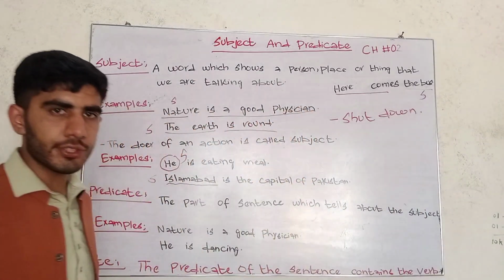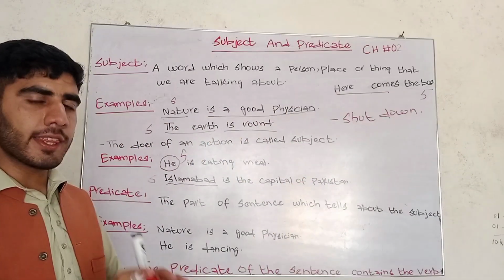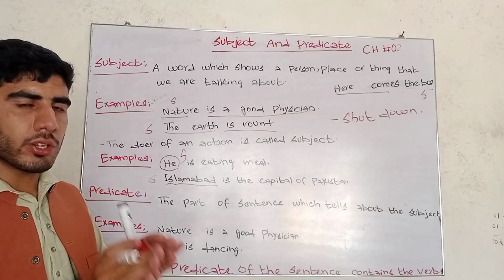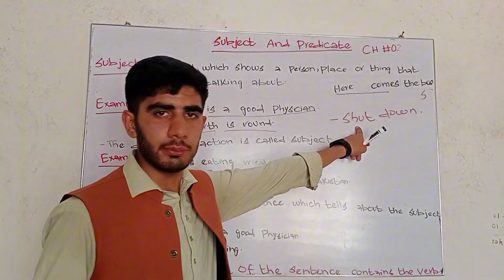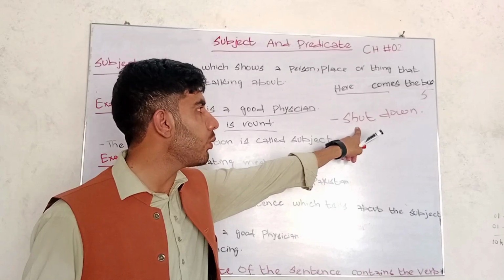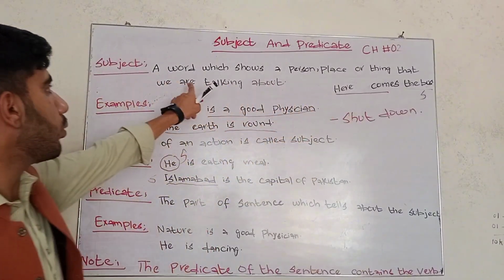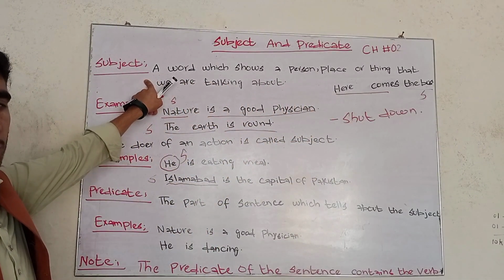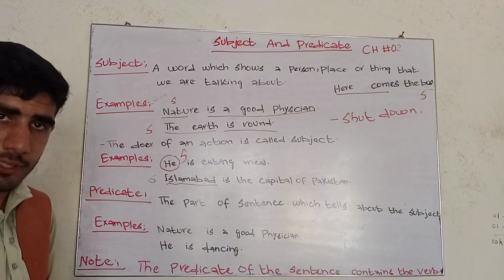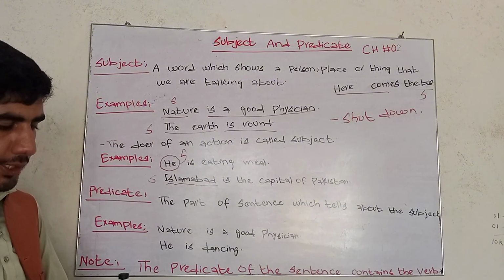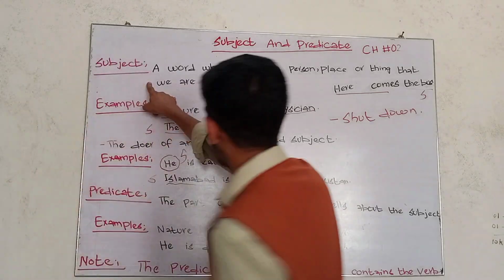In imperative sentences, the subject is understood, but we are not showing the subject. There are some sentences like imperative sentences in which the subject is not present, but it will be clear.